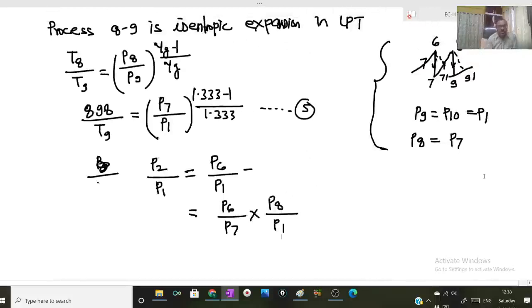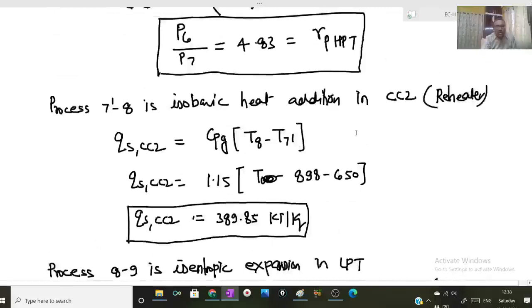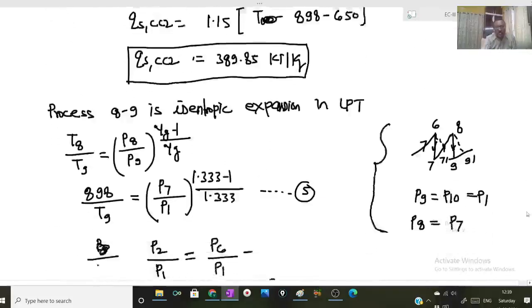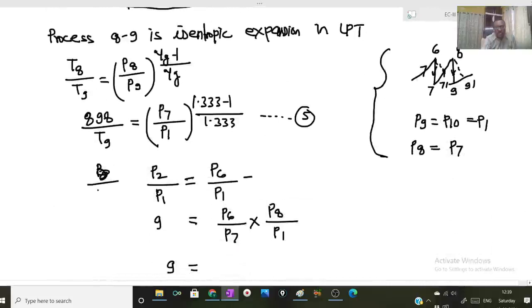This P2 by P1 is given to me as 9 and P6 by P7 is 4.83. That is pressure ratio in HPT.